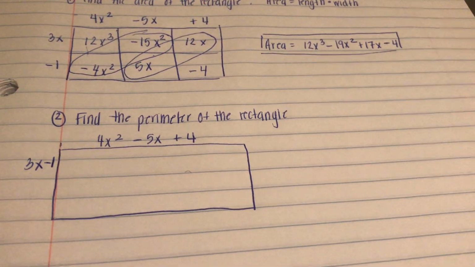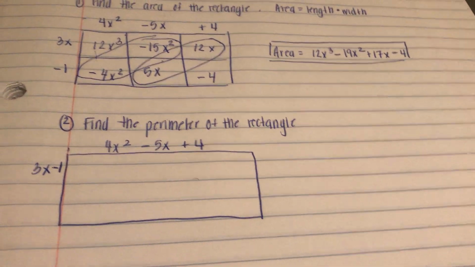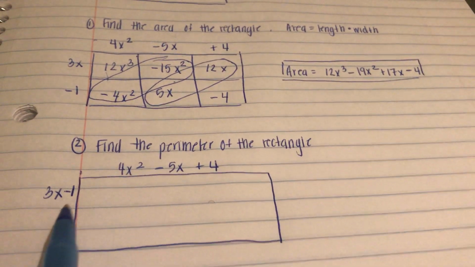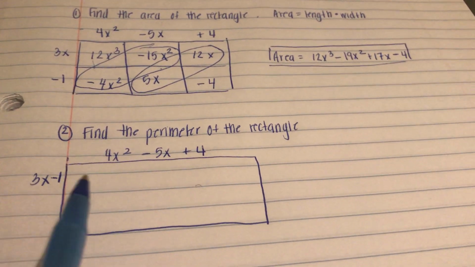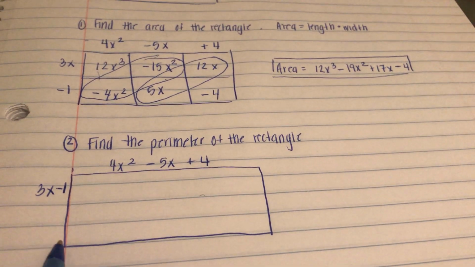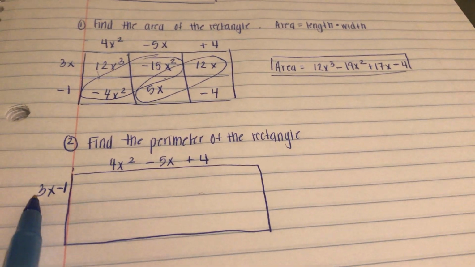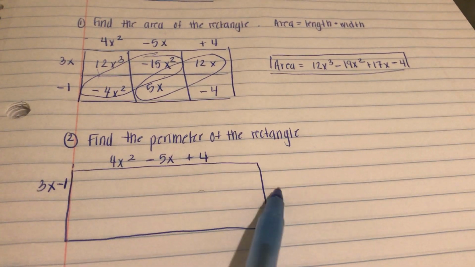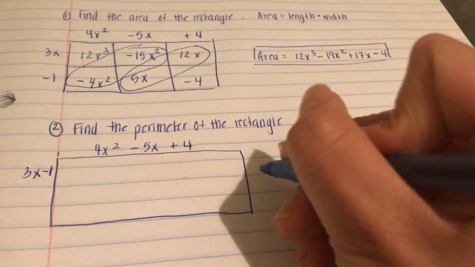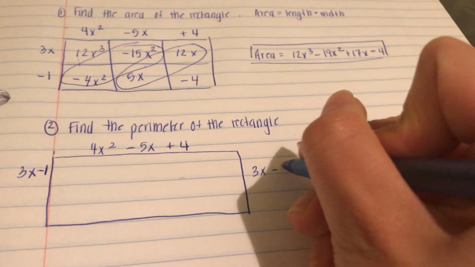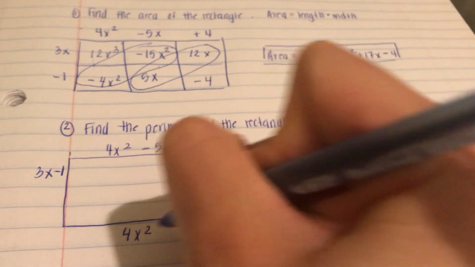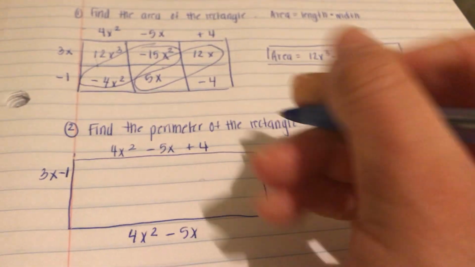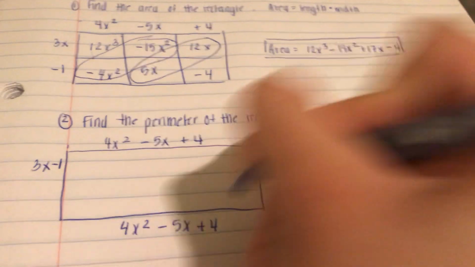A common mistake students make when they're adding up all their sides is that they just add the length and the width. But let's not forget that this length here is also 3x minus 1, and this width down here is also 4x squared minus 5x plus 4.